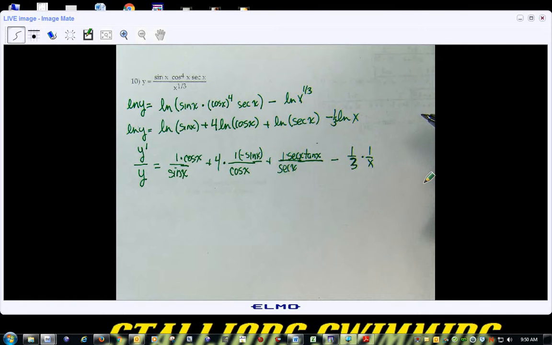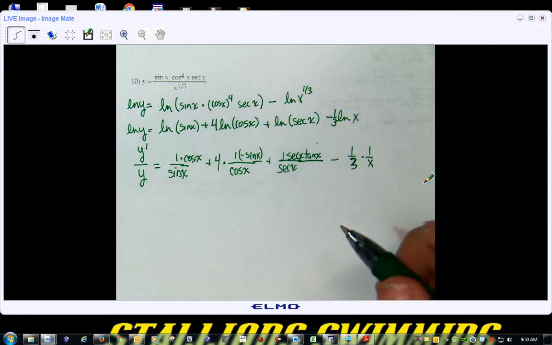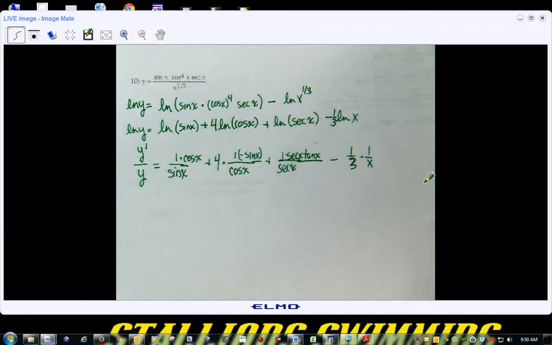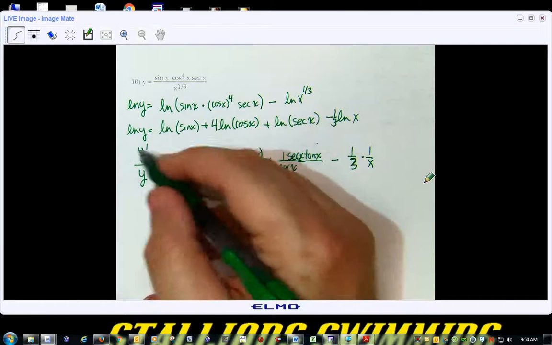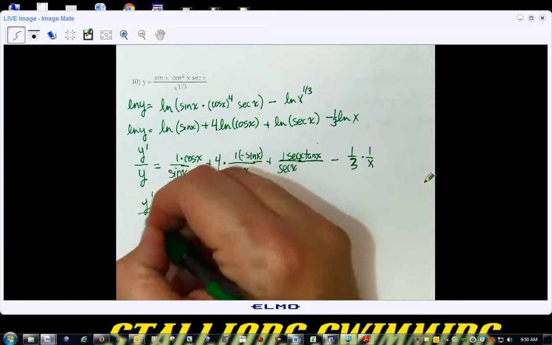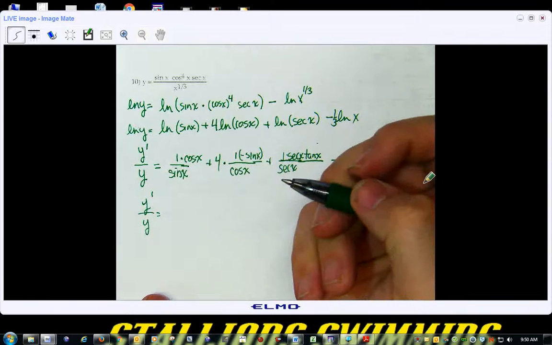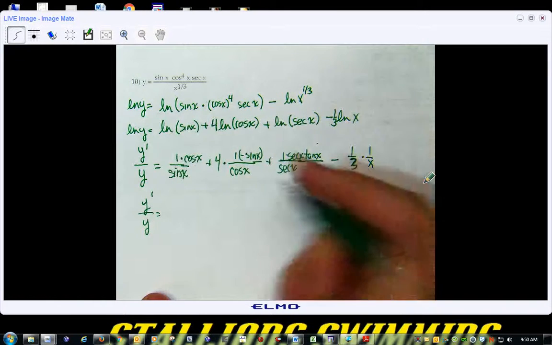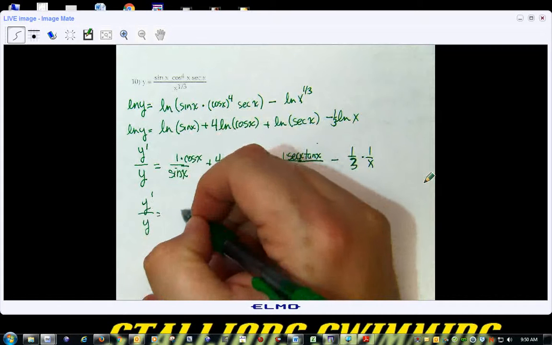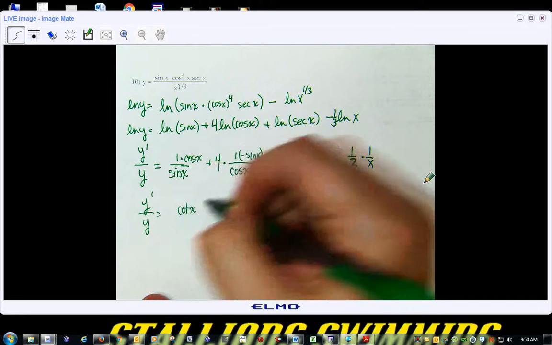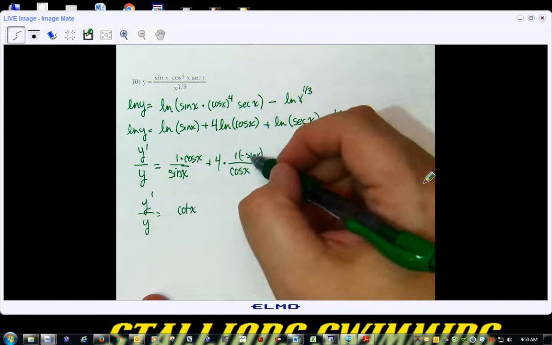Now we're in cleanup mode. So we've taken the derivative. We're in cleanup mode. I'm still going to have my y prime over y because I'm not going to multiply by y yet until I clean up the right-hand side. Cosine over sine is cotangent x. Sine over cosine is what?